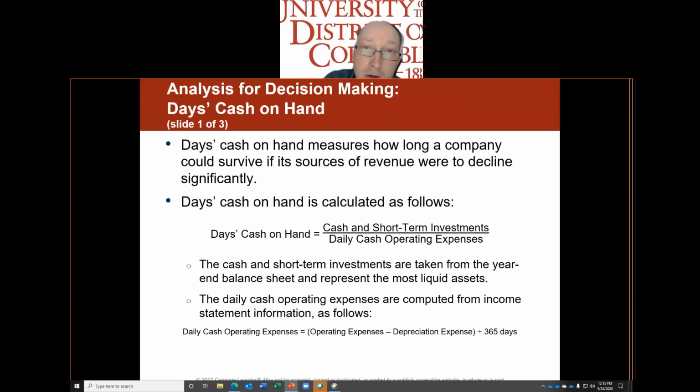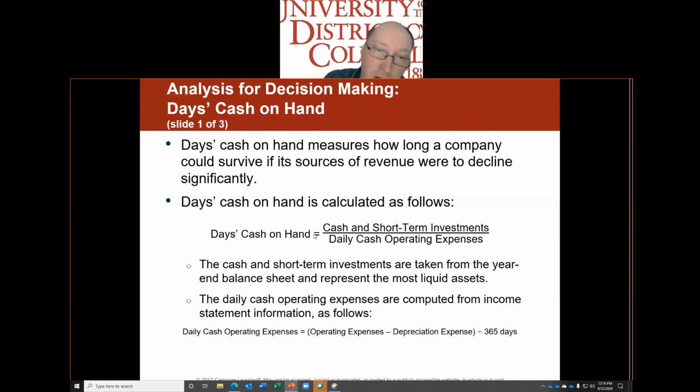Okay, here's an important one that I want you to know. Days cash on hand. It's a formula, but it's an easy formula. Days cash on hand tells us how long a company could survive if its sources of revenue were to decline significantly. In this example, I like to think about Sears, because this is what happened to Sears.